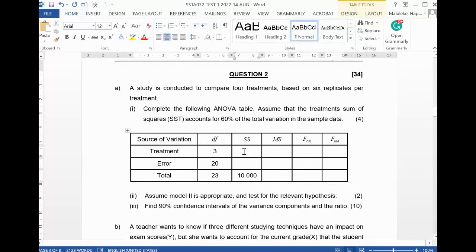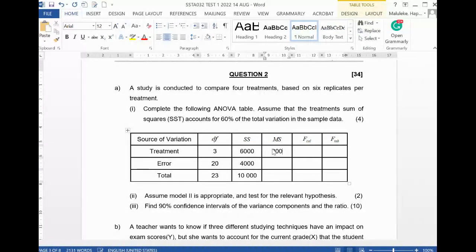So 60% of 10,000 is what? 6,000. 60% of the 10,000 is 6,000. This one will be what? Will be 4,000. Now use your mathematics there.